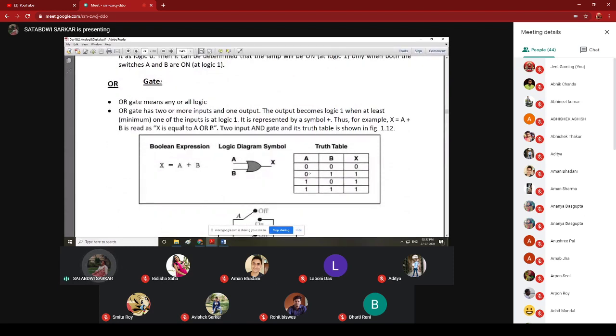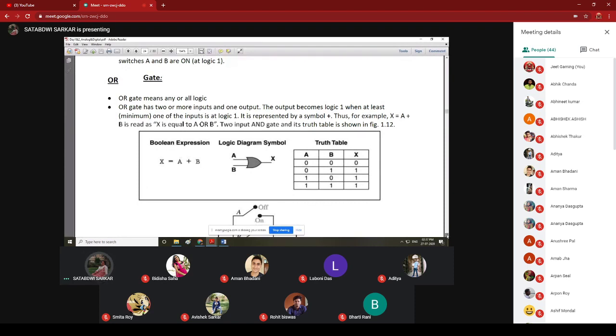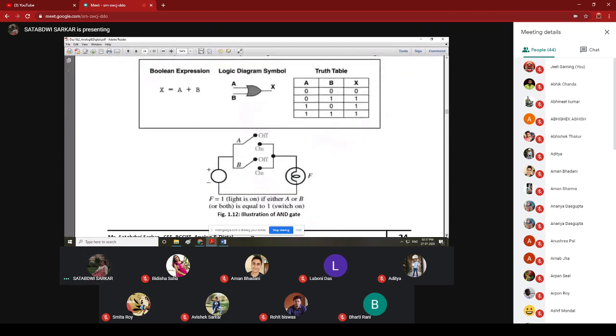This is the OR gate. For the OR gate, this is the symbol, this is the truth table, this is the Boolean expression, that is A plus B operation is done here. For the OR gate, we are using 7432.